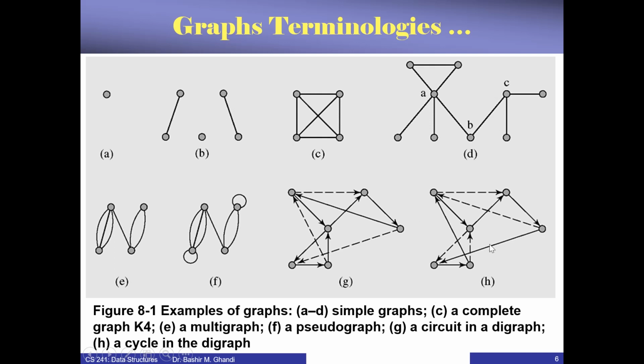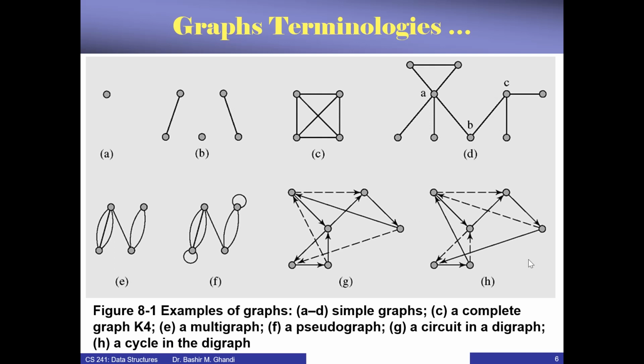So from here we go here, then here, here, here, and back here. As you can see, there is no repetition of vertex and no repetition of edge. So this is what is called a cycle.